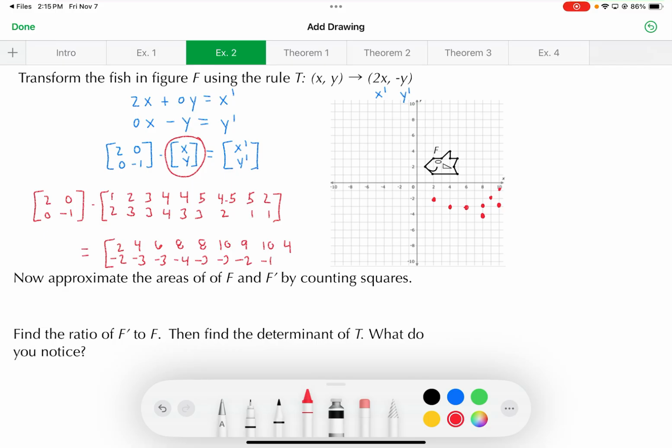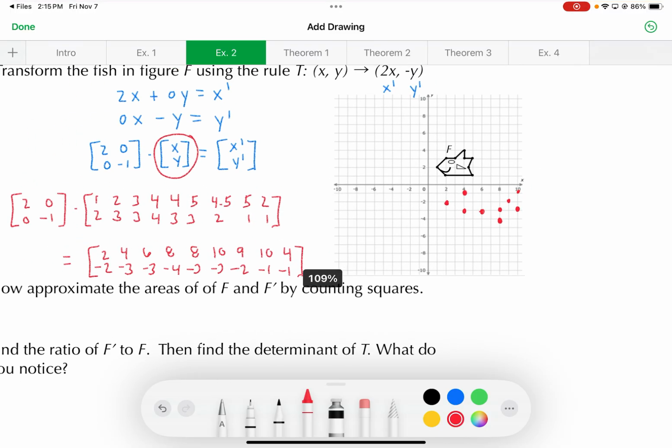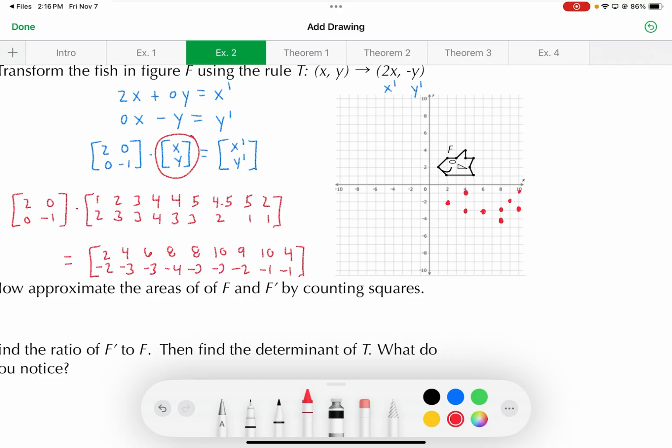And lastly, 4, negative 1. Okay, so now you just got to figure out how to connect them all appropriately.